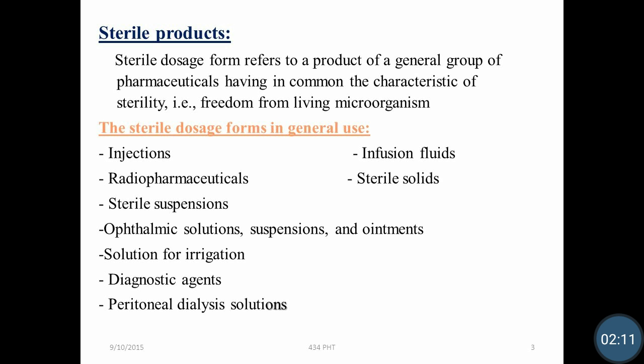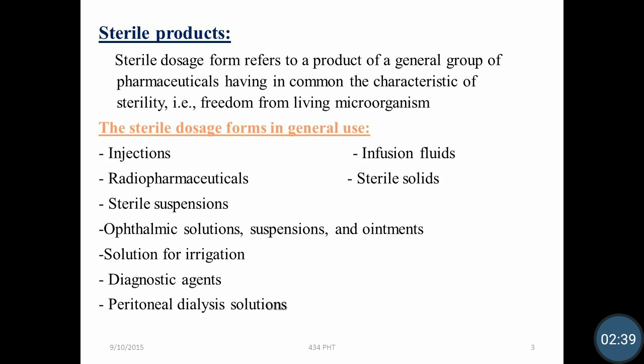So there are various types of sterile formulations, or different dosage forms which come under the sterile formulation. These are injections, then radiopharmaceuticals, sterile suspensions, ophthalmic solutions, suspensions, and ointments. All the types of ophthalmic formulations are sterile formulations.